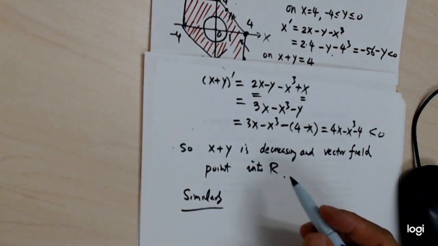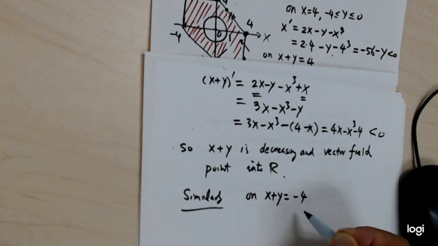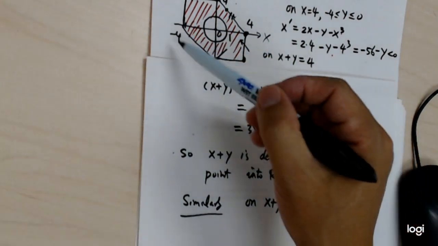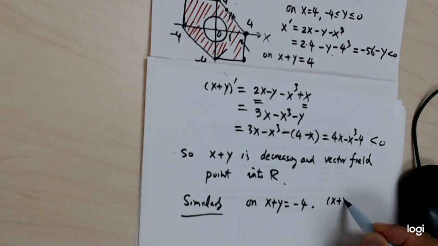Similarly, x plus y equals negative 4 refers to this edge. We can show x plus y prime is positive.